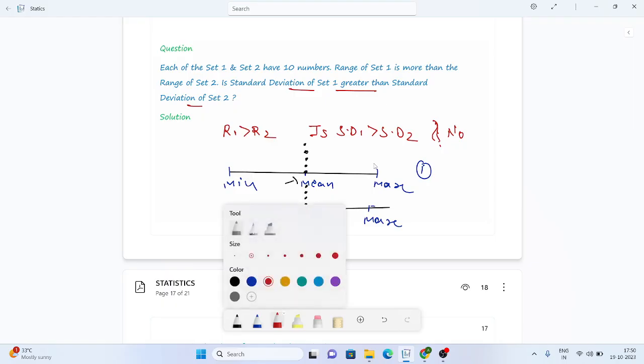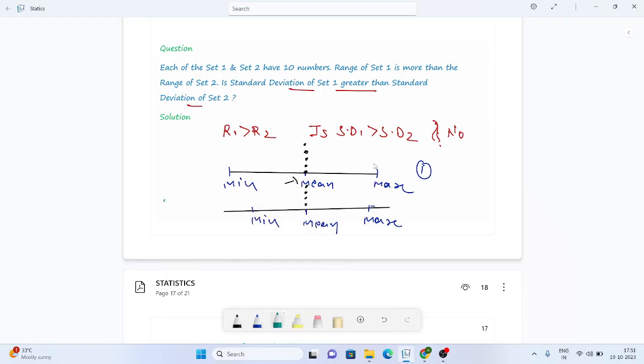And in set 2, if all the 4 values come here, then the standard deviation of set 2 is greater than the standard deviation of set 1. So this is not always true. It is true only if the values lie on the extreme ends, then the standard deviation of 1 is greater than the standard deviation of 2. So make a note of this and then we move forward.